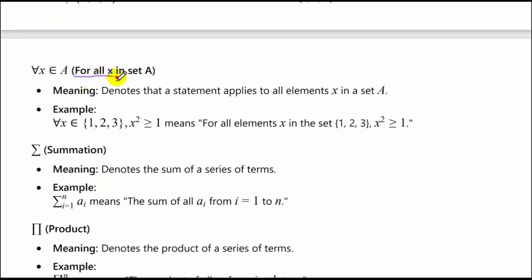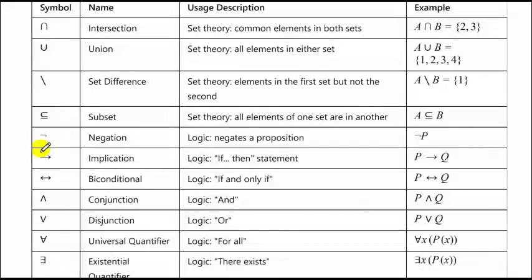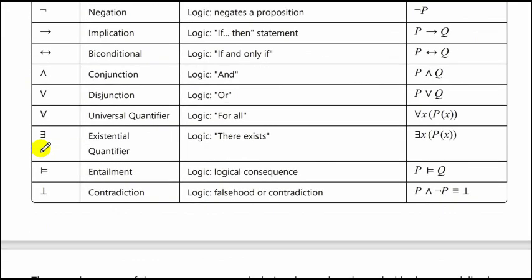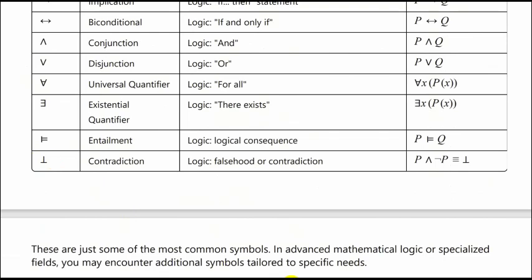For all X in set A, this means for all X in set A. We are not covering summation and product, we are not going through that. Alright, so this topic is also concluded.